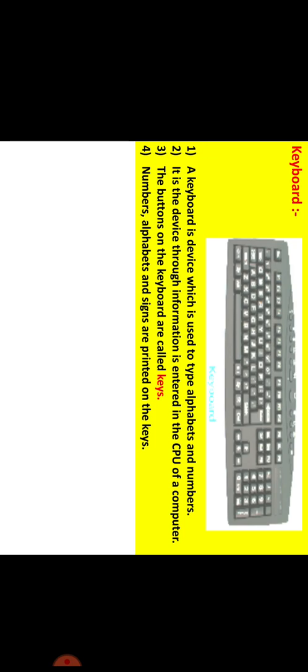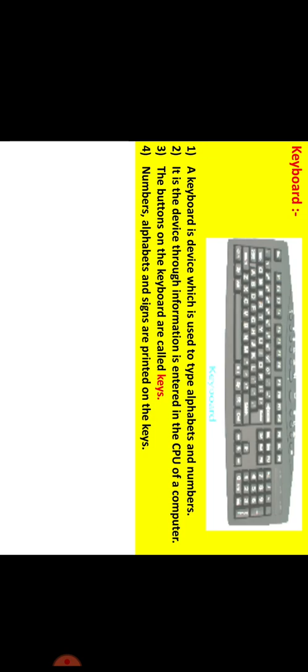Yes, very good. These are called alphabets, and the numbers 1, 2, 3, 4, 5, 6, 7, 8, these are called numbers. Means with the help of keyboard we can type alphabets A, B, C, D and numbers 1, 2, 3, 4.